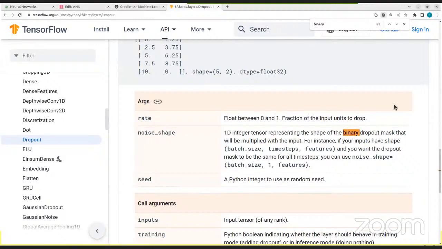Whichever nodes are being dropped out are made 0. The binary mask is nothing but 1s and 0s, and you apply that mask on top of the layer. I'm not sure if it will reduce the computational burden, and even if it does, it may not be by a huge margin. So it calculates for everything, only the mask makes that particular node 0? Yes.